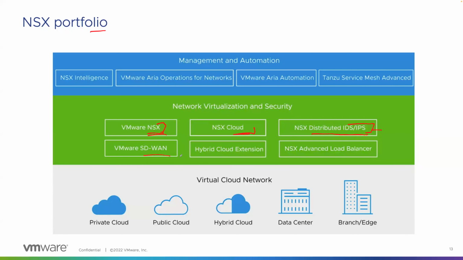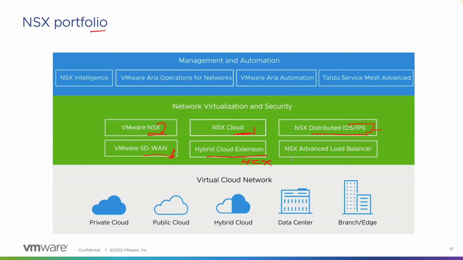And SD-WAN: a couple of years ago, we acquired VeloCloud, which is number one on the Gartner quadrant. So SD-WAN means the VeloCloud SD-WAN product line. Here we also have Hybrid Cloud Extension, shortened to HCX.